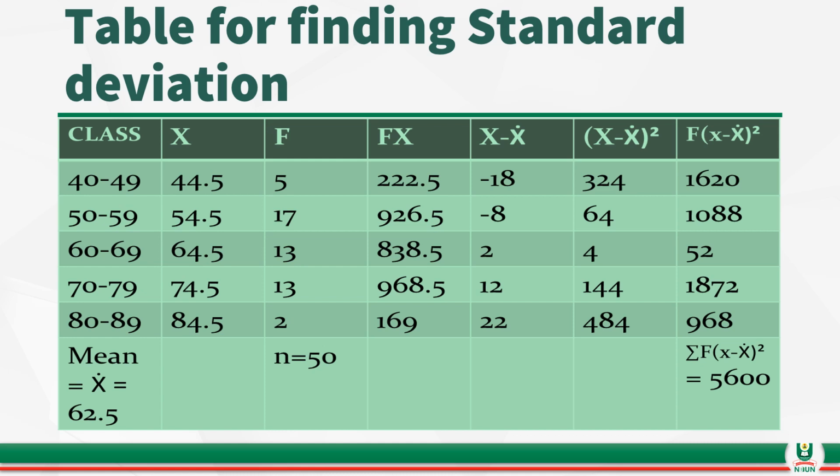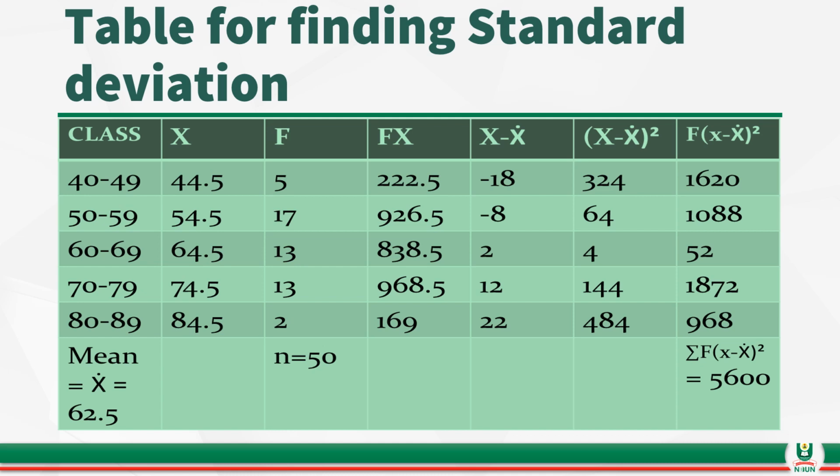So we look at this table for finding standard deviation. If you look at this table, we have our assumed mean as 62.5, from our previous calculation. Then we have the class center, which is x, the frequency total, which is 50, and we have fx. Now we have the mean deviation, which is calculated as x minus the assumed mean.